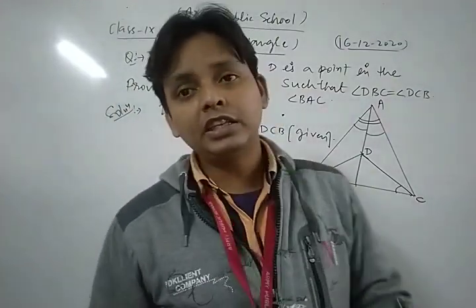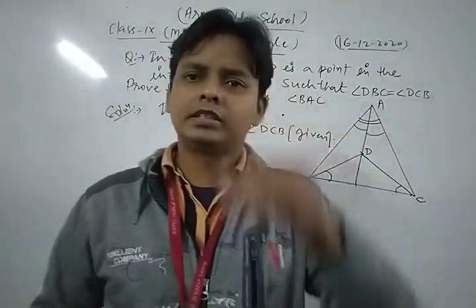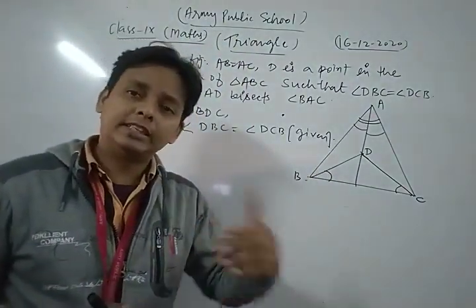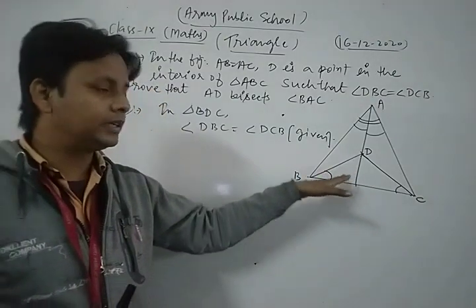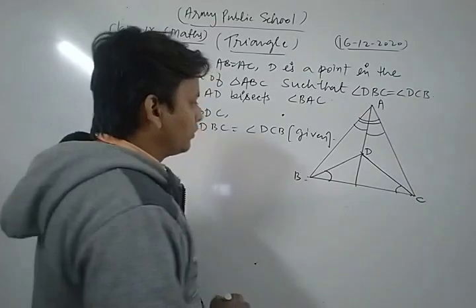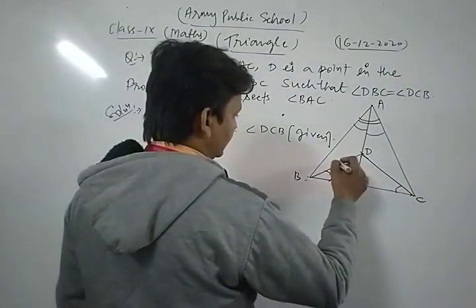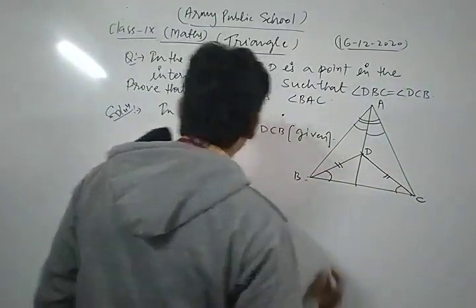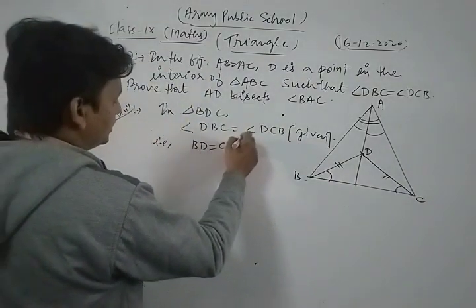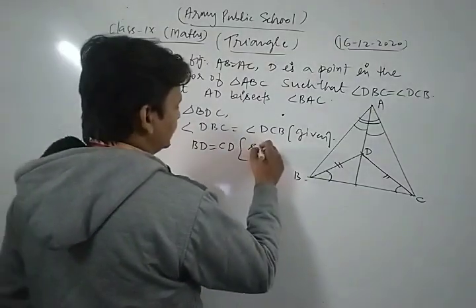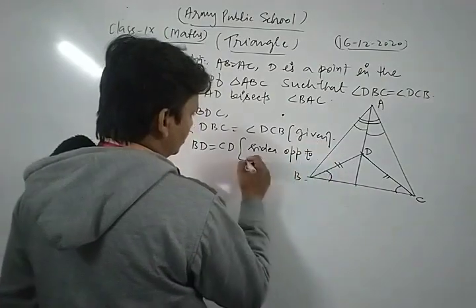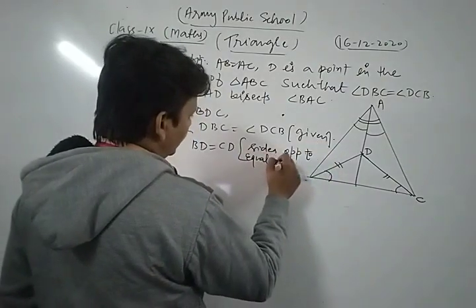Dear students, if these two angles are equal to each other, then we already discussed a theorem based on that topic, which means the sides opposite to equal angles are equal. So in this way, dear student, since that angle is equal to that, BD is equal to CD. That is, side BD is equal to side CD because these are the sides opposite to equal angles.